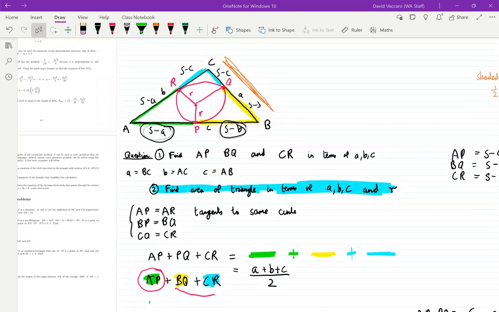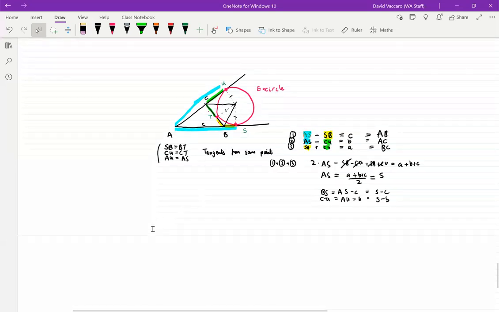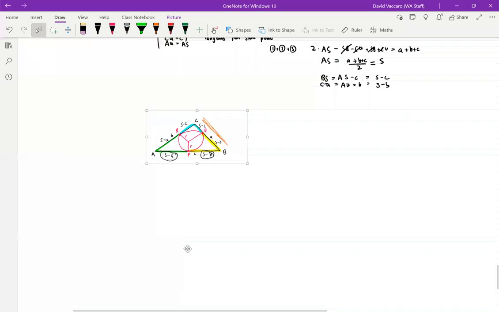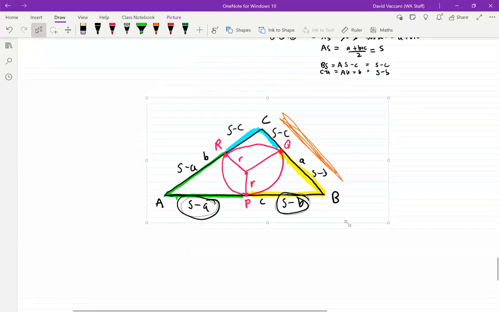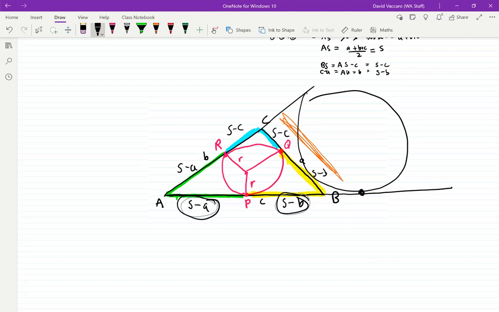Oops. So if I just take my diagram that I had before, with my incircle, if I want to extend it to my X circle, then the total distance from A to the point of contact of the X circle is the semi-perimeter.